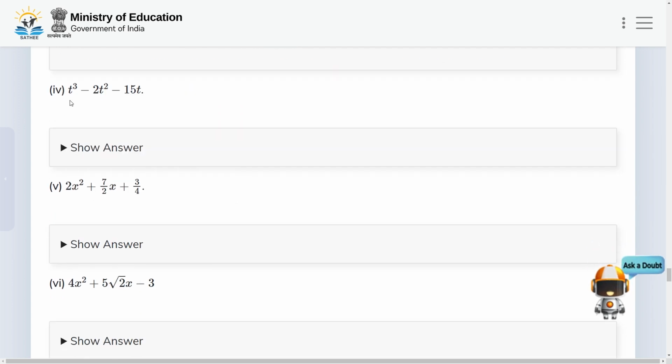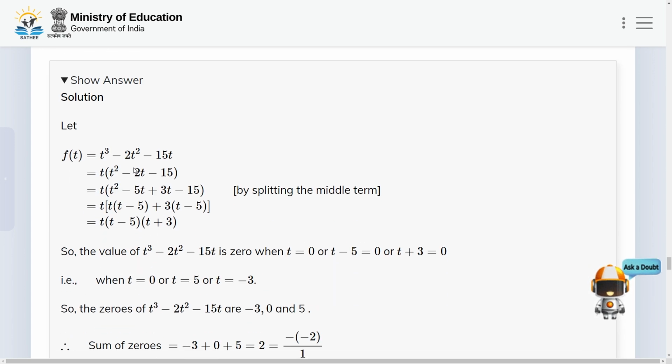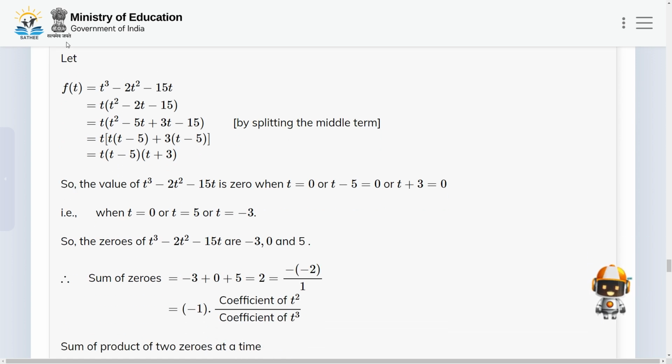In the fourth one, here we have the cubic polynomial t³ - 2t² - 15t. Let us see the answer. First let f(t) = t³ - 2t² - 15t, and here we can take t common. Then this is equal to t times (t² - 2t - 15).